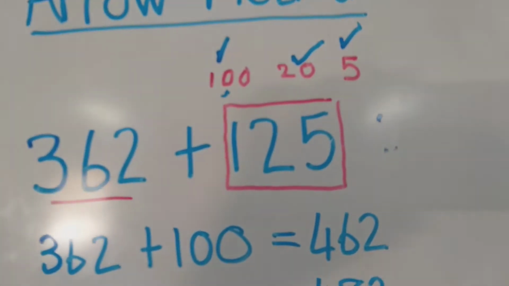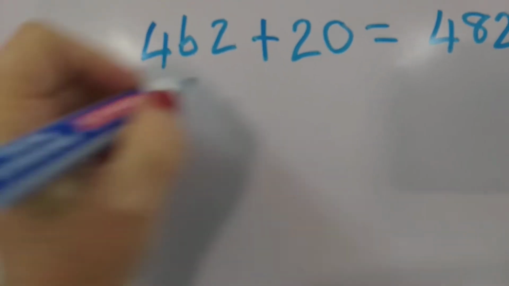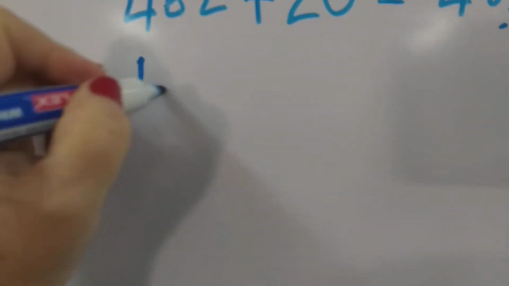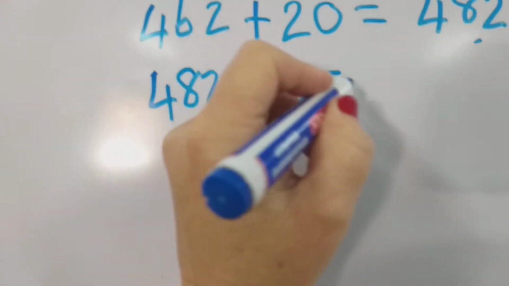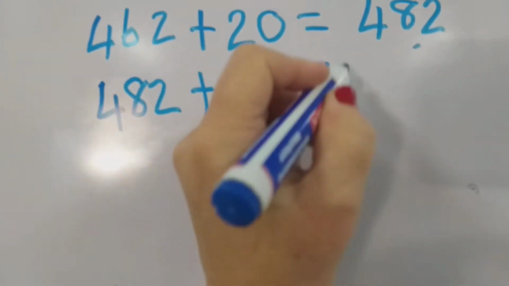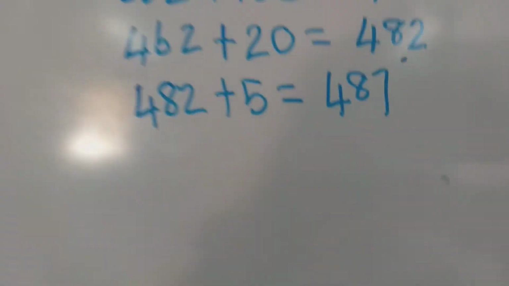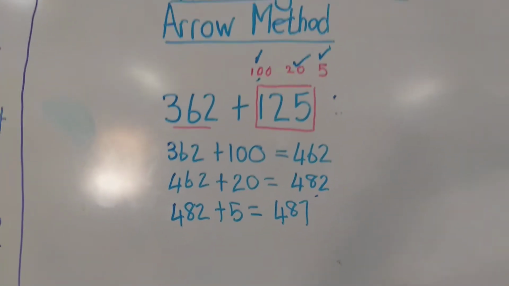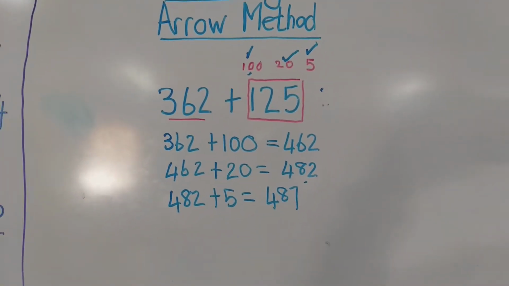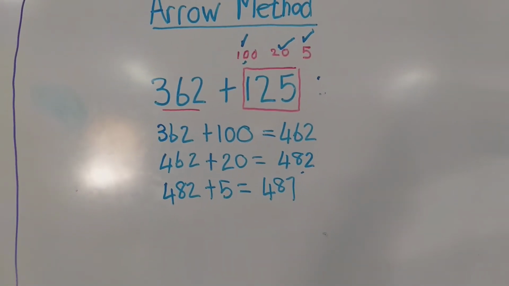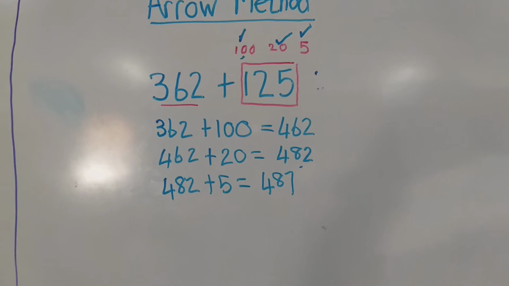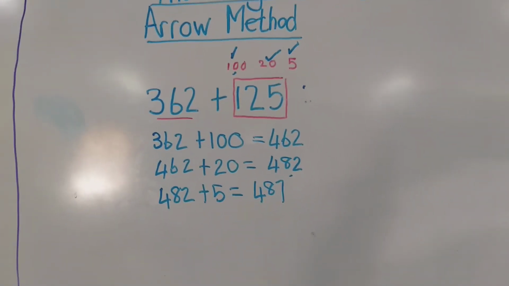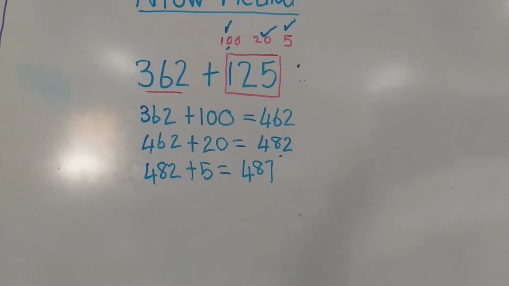And now we're going to add on that last bit. 482 plus 5 is 487. So there I've done it, exactly the same principle or method. I've broken down the second number and we've just added it bit by bit. So if you would prefer to do it this way, by all means, it's not a problem.